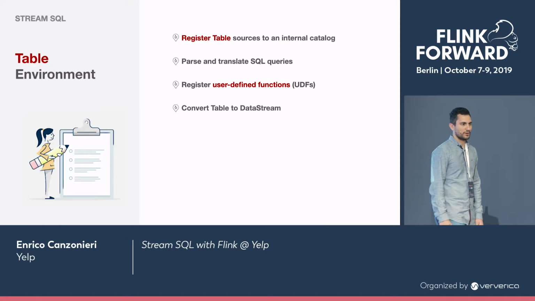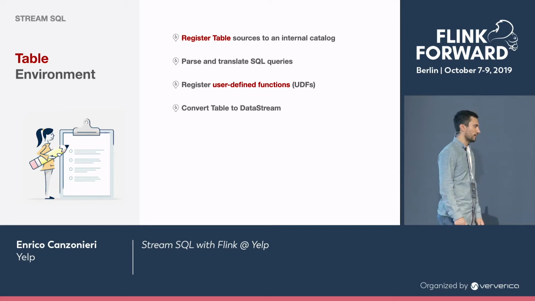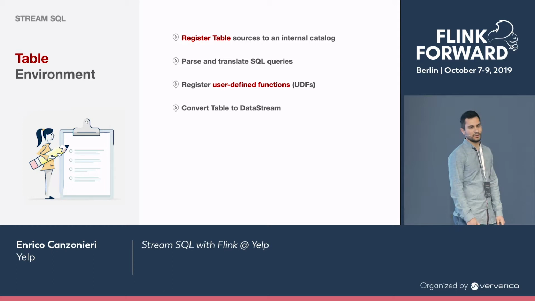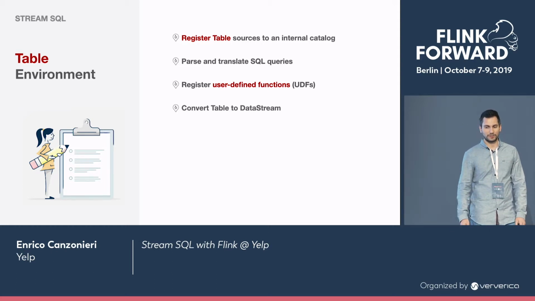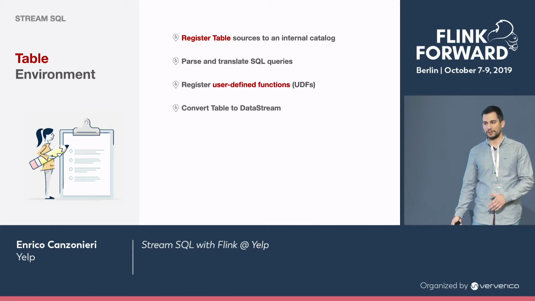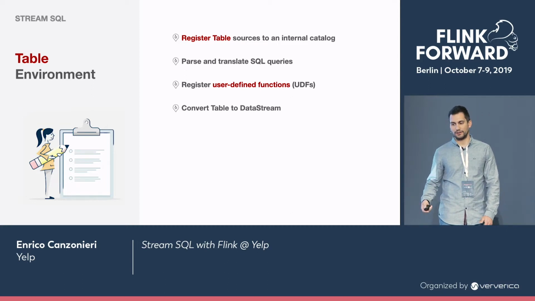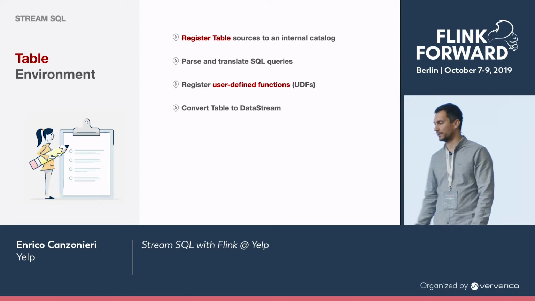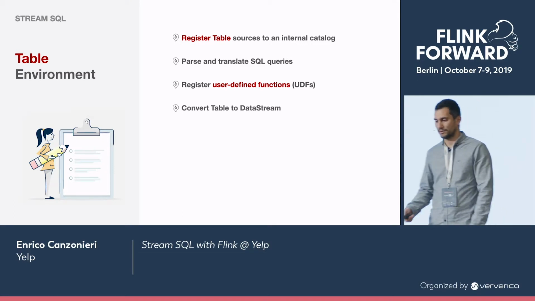The center of the system is this table environment, which looks like a wrapper around the stream execution environment. If you have used Flink, you're probably familiar with that. It allows you to interact with the SQL engine in Flink, so we have things like register a table, parse and translate SQL, register UDFs and stuff like that.